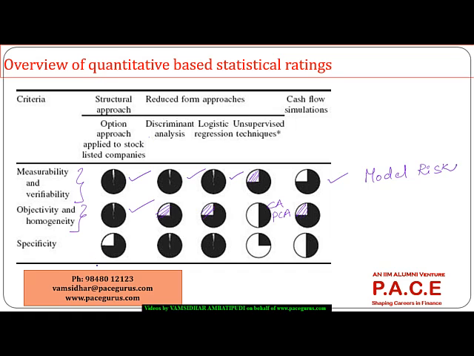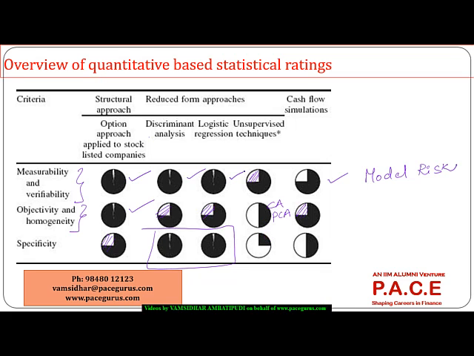Coming to specificity, it is very high in both the reduced form techniques, but slightly lesser in the Merton based model. It's completely lagging in the case of unsupervised techniques.